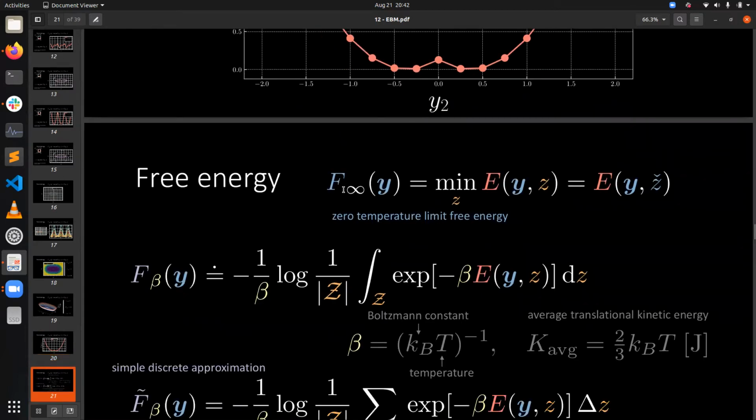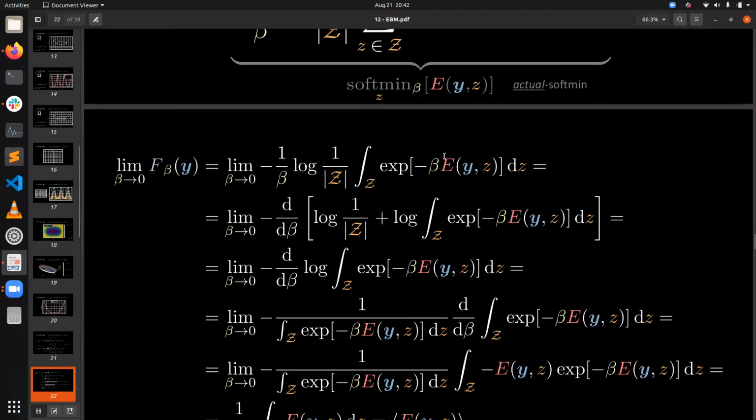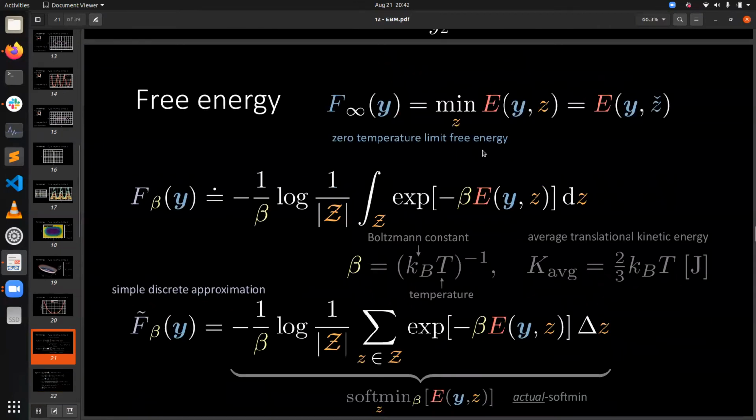And so in free energy, as we already saw, it's just the Euclidean distance to the nearest point from the model manifold. So if you take a particular y, we just take the nearest point from the manifold and find the distance.